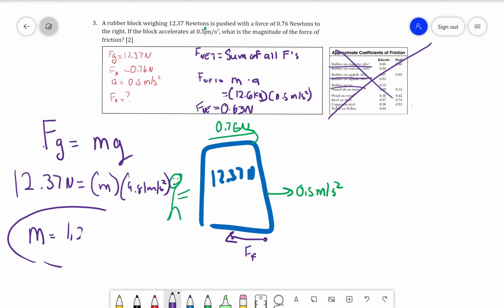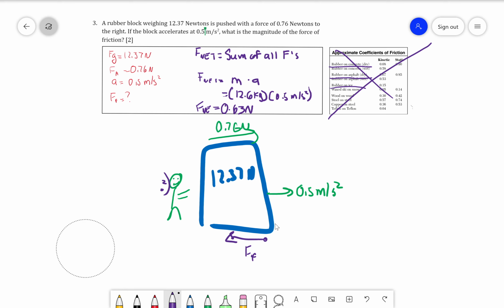So what does that mean? That means that the sum of all of your forces in the x direction should be 0.63. So 0.63 newtons is the sum of this and this. This frictional force plus this applied force gives me 0.63.